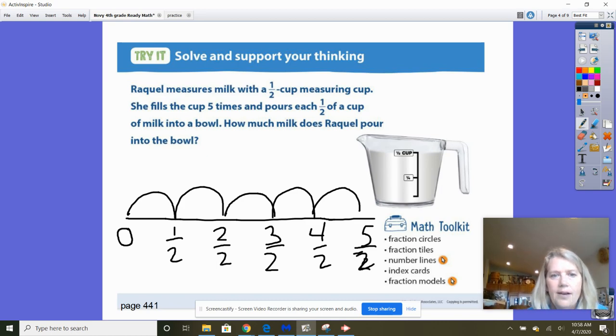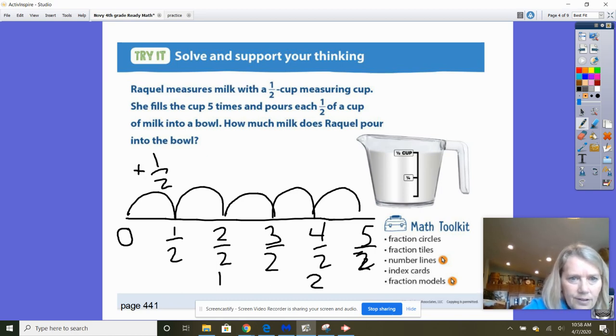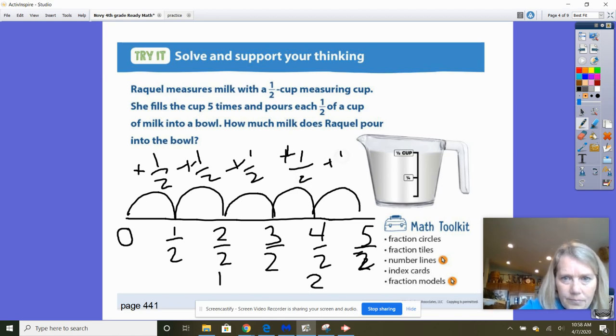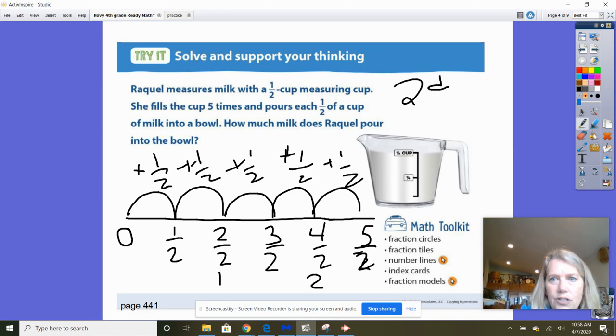So I'm getting 5 halves for 1, 2, 3, 4, and 5 halves, which will equal 2 and 1/2, because these are all plus 1/2 jumps. So using the number line, I'm getting a little bit messy screen because I'm using my finger. There we go. 2 and 1/2 cups of milk for my answer.